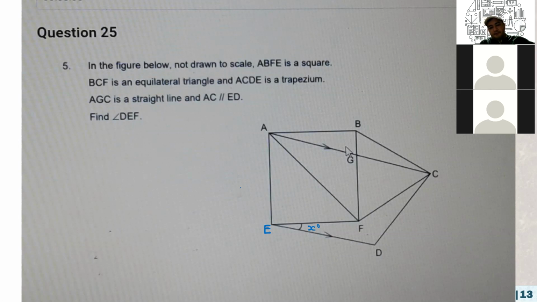Really? Javid, do you have any idea or still waiting for the idea to come? I'm thinking.